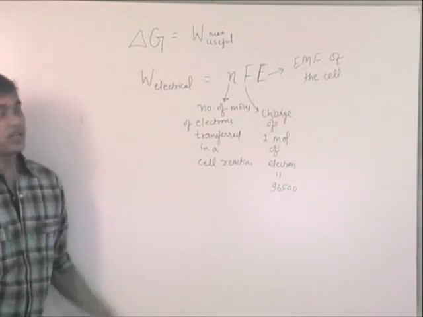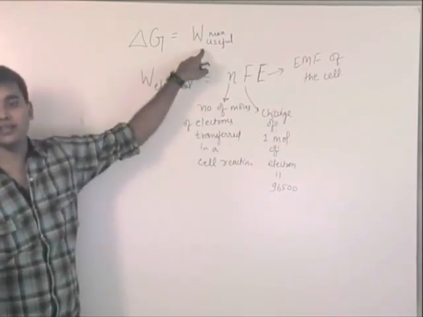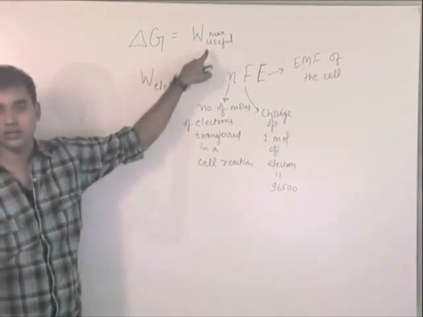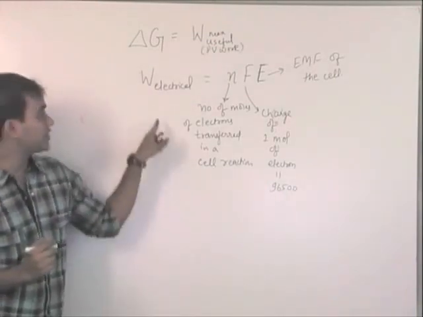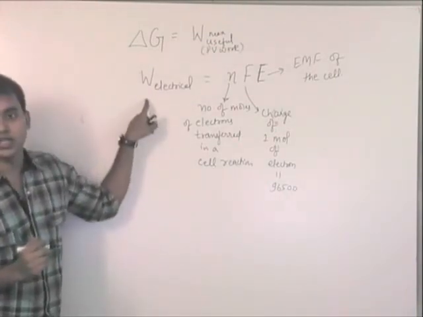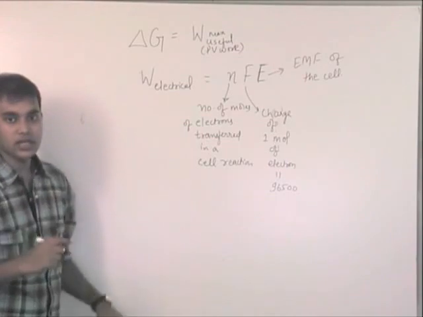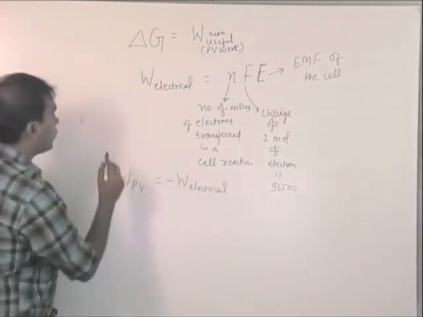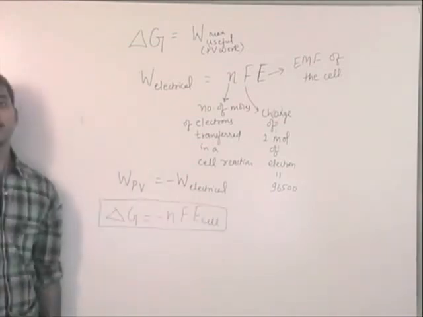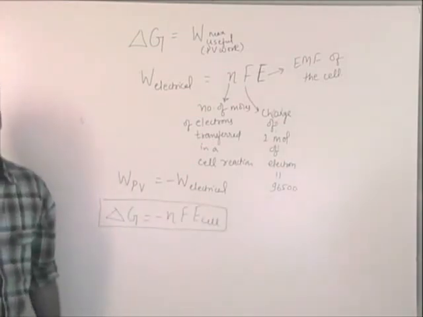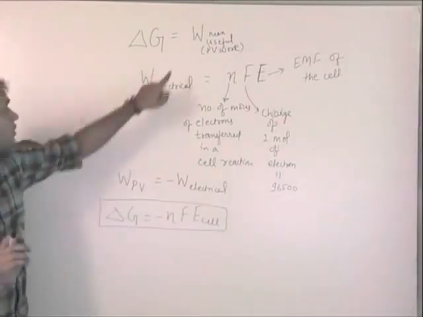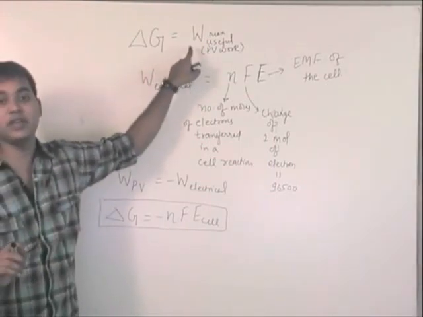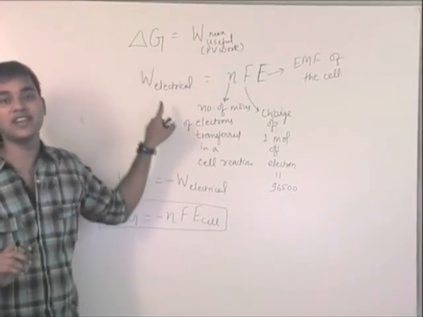Now one more thing. In this, what we take is W max is the PV work. Fine? And this is the electrical work. So I can say the PV work is going to be the negative of electrical work. Then why will it be negative? Because this delta G, the work, is the PV work. It is not the electrical work.